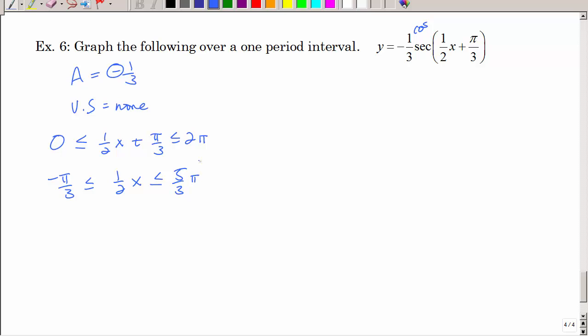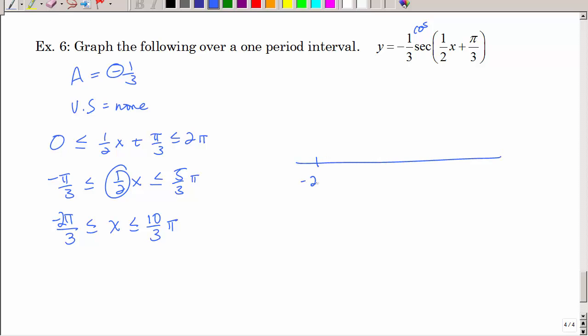So subtracting pi over 3, then I'm going to multiply both sides by 2 to get rid of the half. You should get better at your fractions, or at the very least, make sure you know how to do your fractions on your calculators.